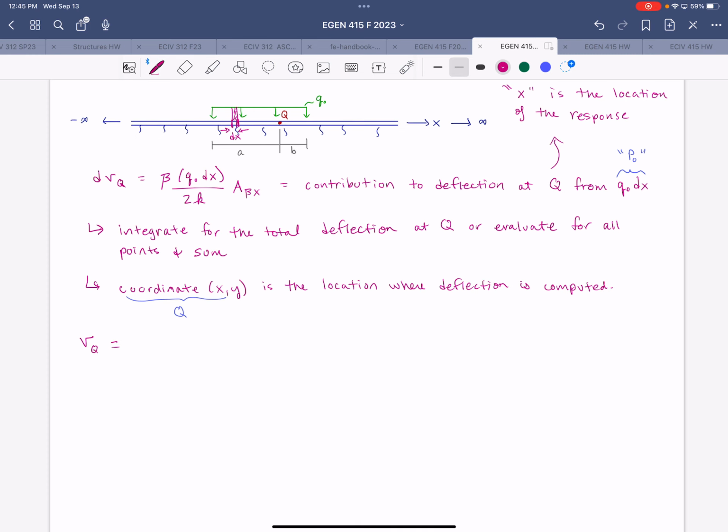All right, so our deflection expression at point Q, right, evaluated at point Q, is beta times lowercase q naught over 2k times the integral of A beta x dx.